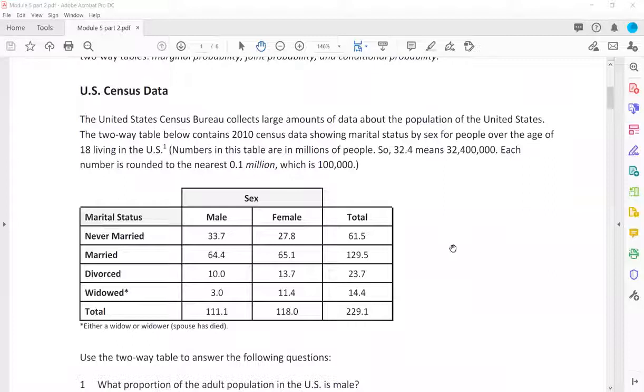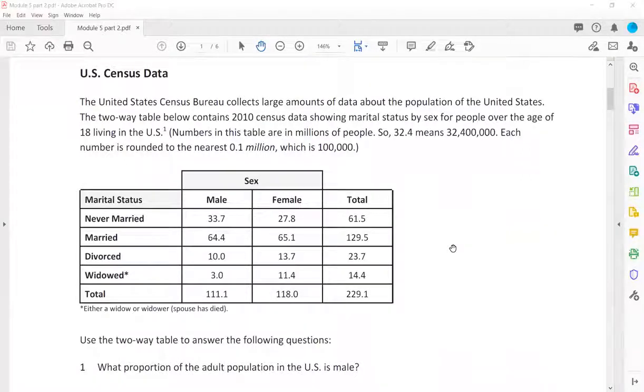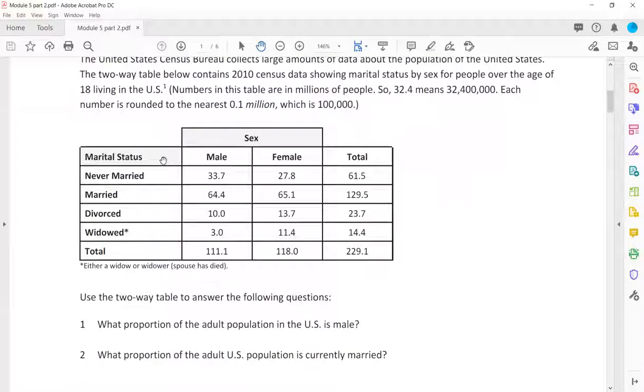Well, let us take a look at our table here. We have a two-way table. On the left-hand side, in the first column, we have the marital status: never married, married, divorced, widowed, and also the total. Sex is divided into two categories, male and female.